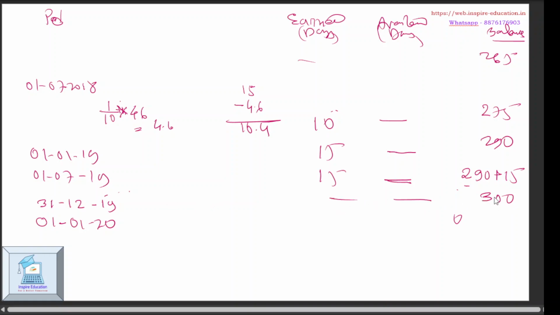Okay, we'll treat the 290 plus 15 as 300, because maximum accumulation can be given 300 days. So on 1/1/20, again 15 days credit will be given, so we'll write like 300 plus 15 days.